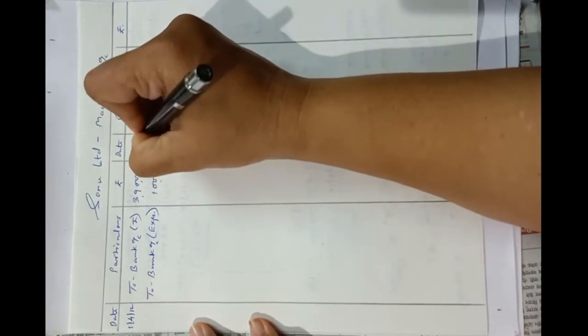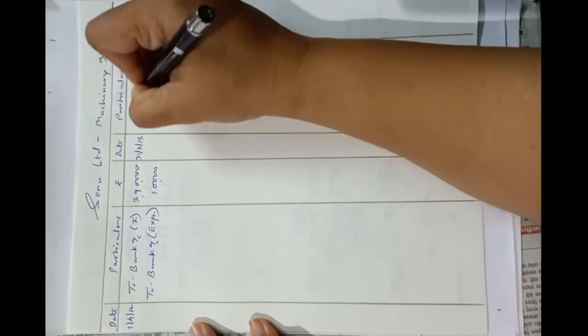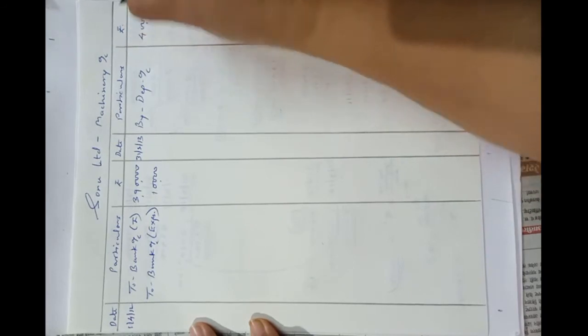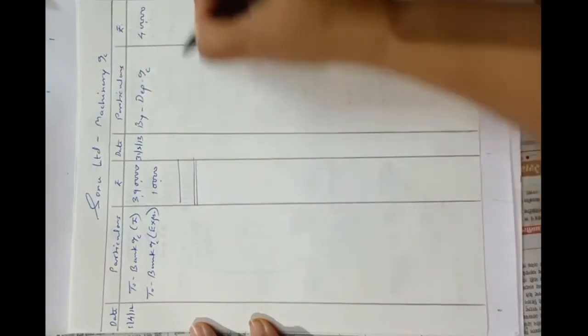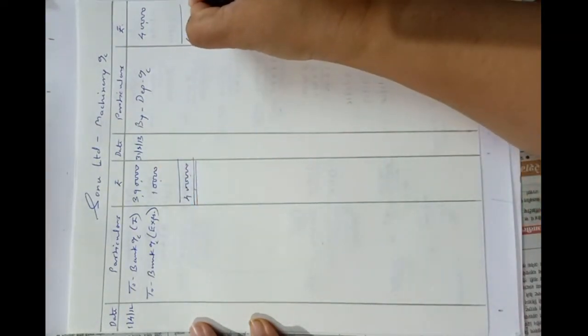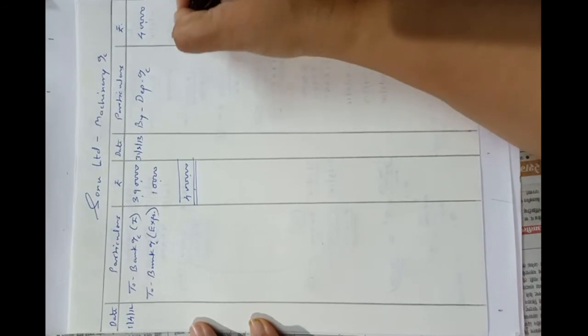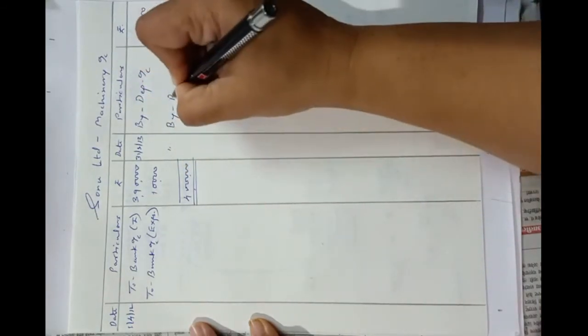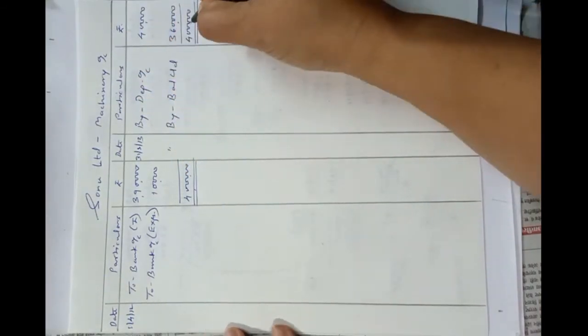So at the year end on 31st March 2013 we have to deduct the depreciation by depreciation account, and depreciation will be 40,000. And now we will tally. 4 lakhs minus 40,000, balance will be 3,60,000 on 31st March 2013 by balance carried down 3,60,000.